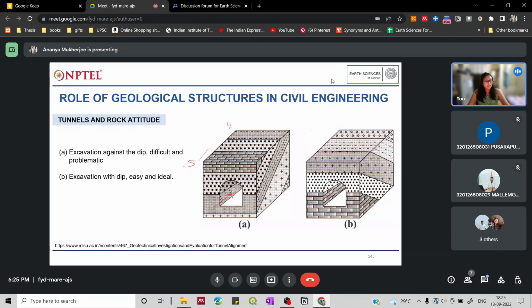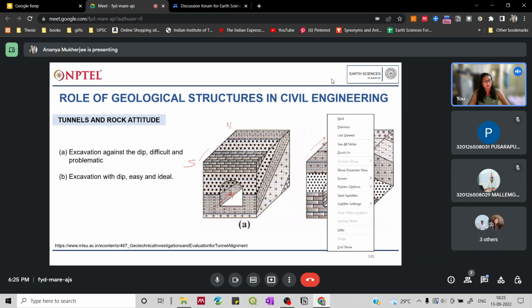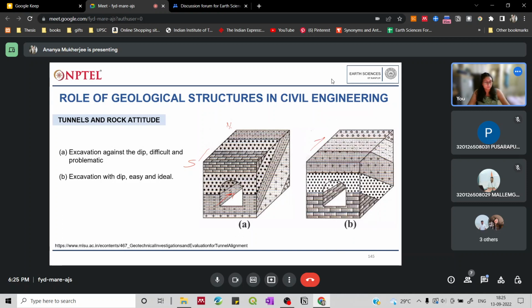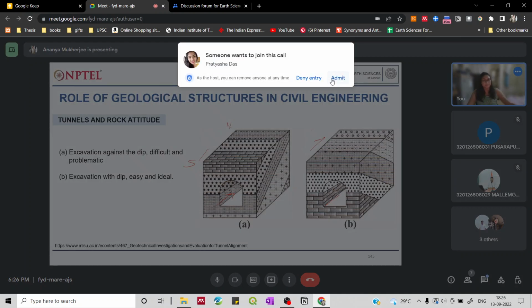But in case B, we can see that the rocks are dipping towards the north. So if you start excavating from here, in the direction of the dip of the bedding planes, it is easier compared to case A, and it is also ideal.